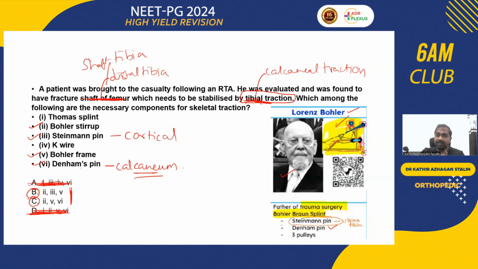Yes, because when there is a tibial fracture, you will go for bones below that, so the calcaneum. For the calcaneum, the answer is Denham pin. Why am I saying this? There may be a repetition, but people think it will be an exact repetition, and it is not. They will change just one or two words and then make a different answer. Clear? Is this discussion helpful?